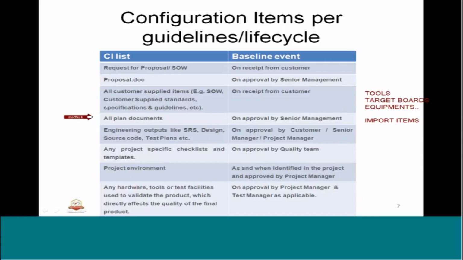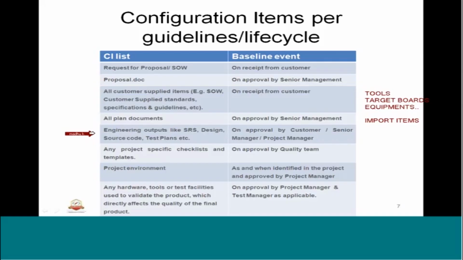All planning documents that we have internally, like project management plan, project testing plan, all this will be approved by the senior management, and we are going to call it a baseline. Then we have engineering outputs like requirement specification, design, source code, test plans, etc. This also should be approved stage by stage by the customer or senior management or the project management.